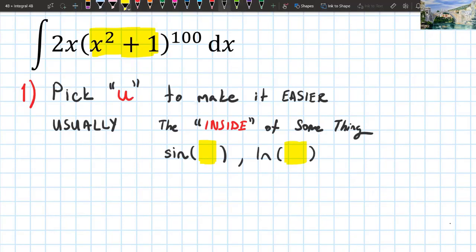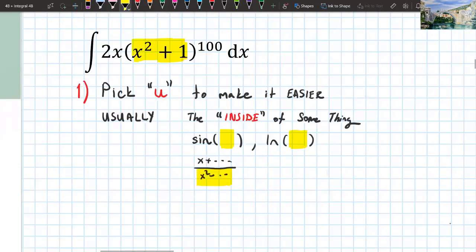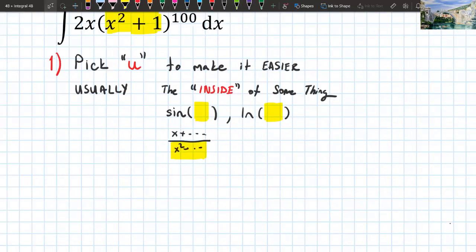If you have a rational function, let's say here you have something over x squared something, it will be the denominator. So our denominator will be u, usually. Since we have a polynomial function here, it will be the inside of something.